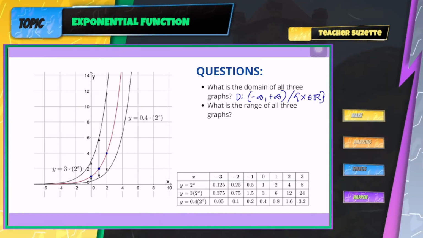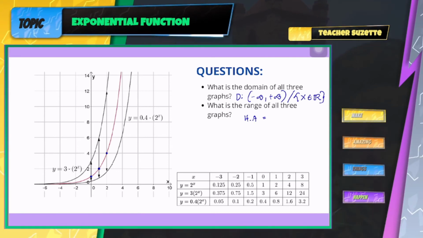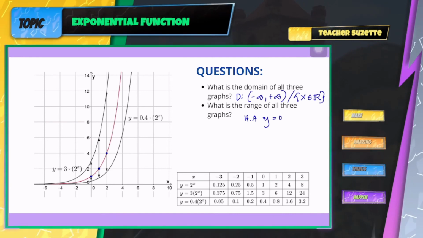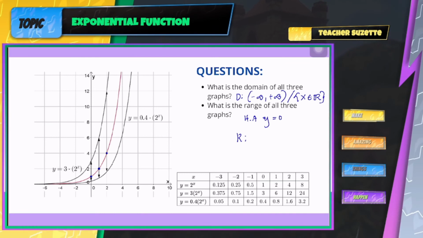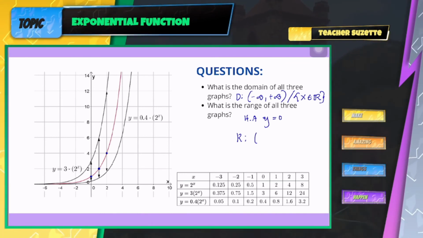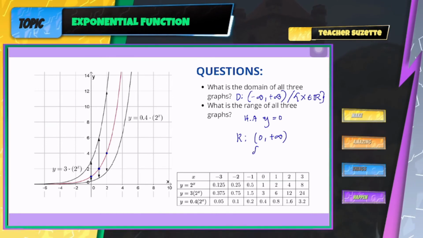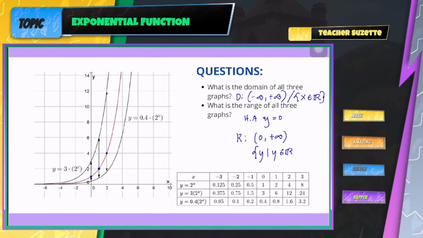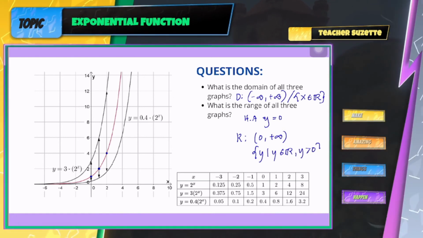And for our range naman, ang ating horizontal asymptote kanina was identified as the line y is equal to 0. So, from there, we can conclude that the range of our three graphs is (0, positive infinity), or y, such that y is an element of the real numbers wherein y is greater than 0.